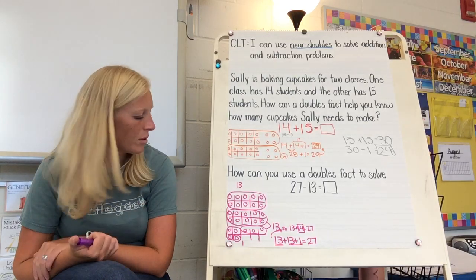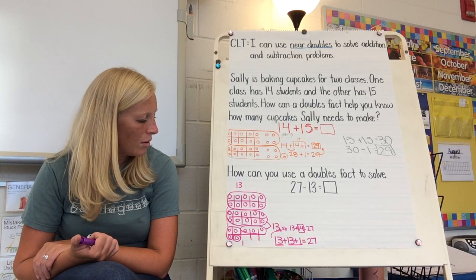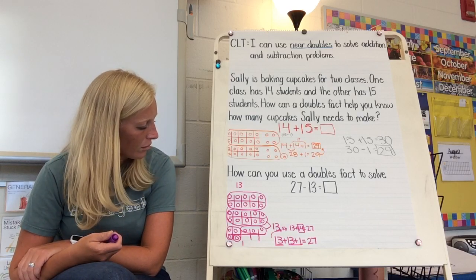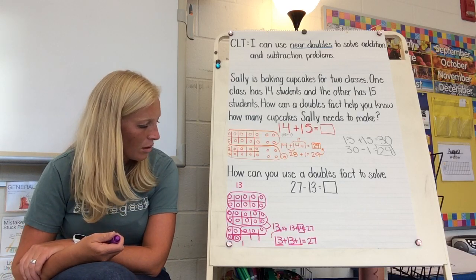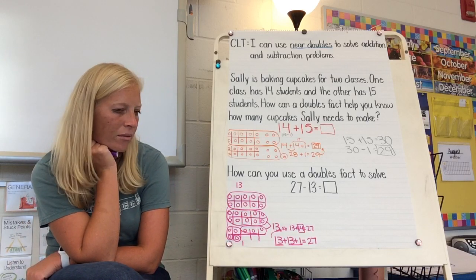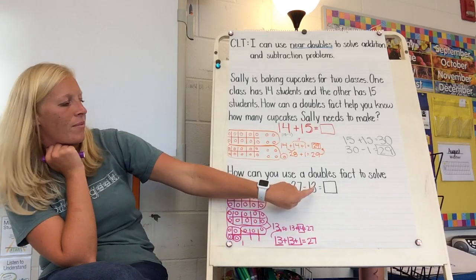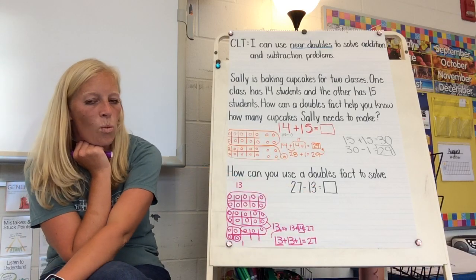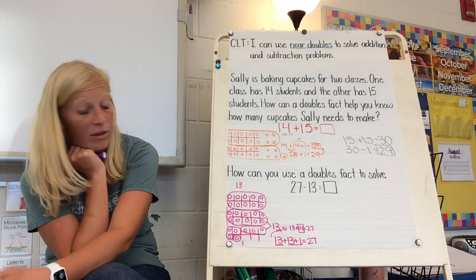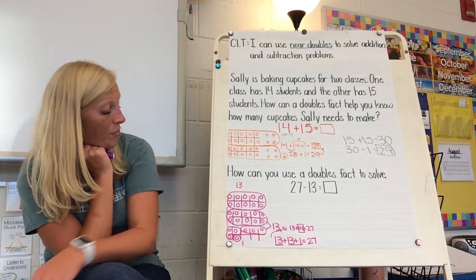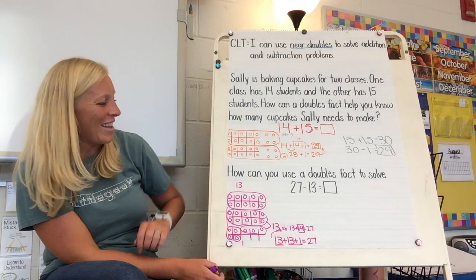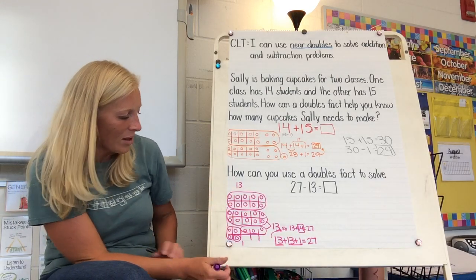What do you notice? They drew out 27. They found 13. Why did they look for 13? There's that 13 that we took away. And what did you notice that this person's work had left? They had another 13. And then they had that little guy at the bottom, didn't they?